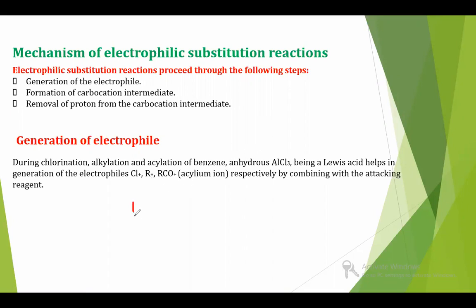Here E is an electrophile and Nu is a nucleophile. We take the reagent in the presence of a catalyst. The catalysts we use are anhydrous aluminum chloride or ferric chloride, and so on.